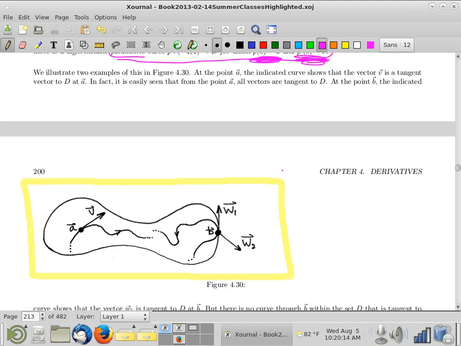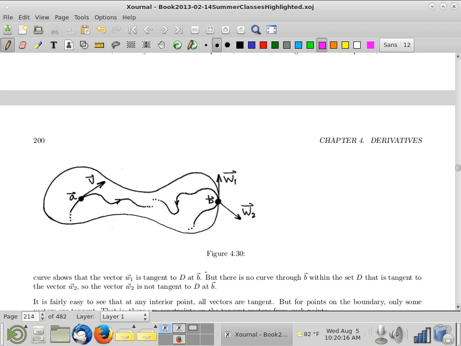So it's a lot easier to see from the picture. So at this point A, that is a tangent vector. The reason that's a tangent vector is because that is the velocity vector of this parametric curve that, as it meanders along, goes through A. Okay, does that make sense to everybody?